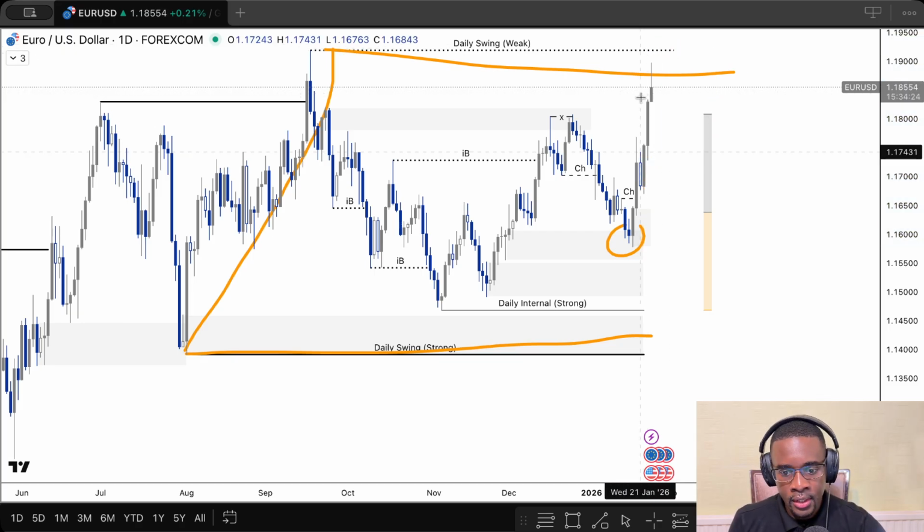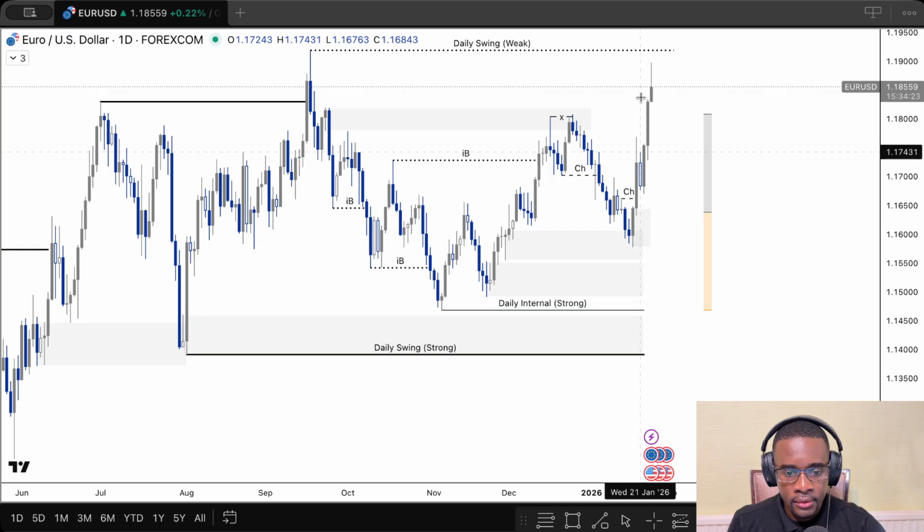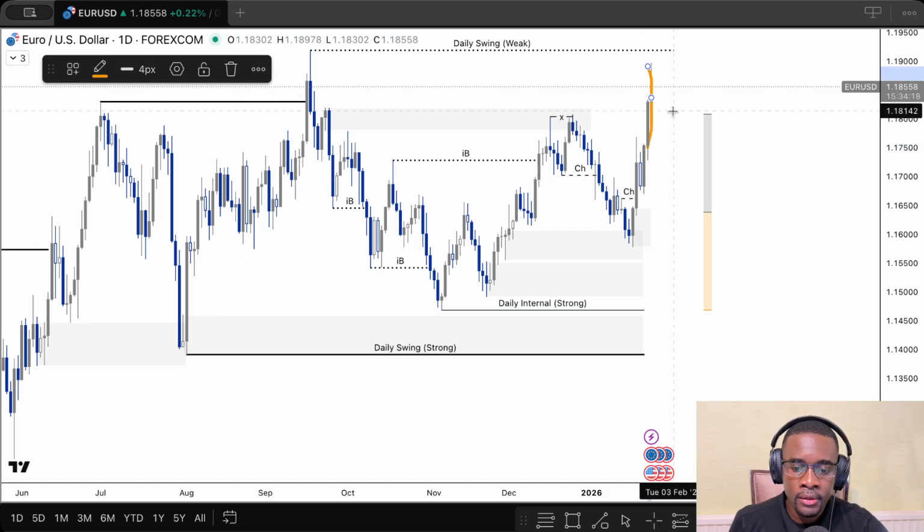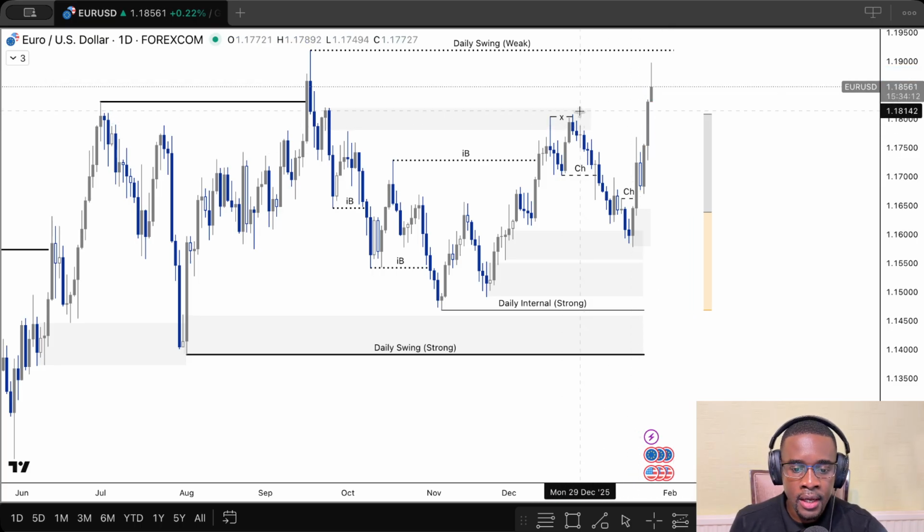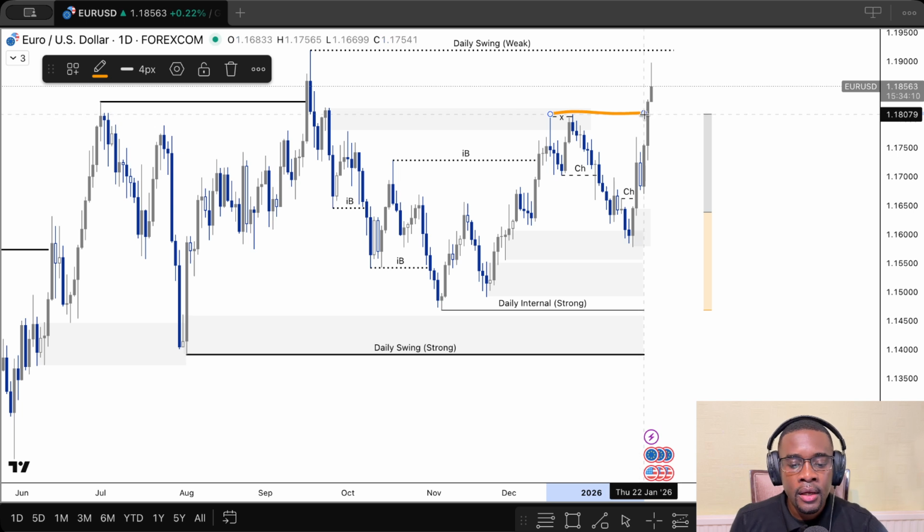And as we can see, Friday and early this morning, price has already made its highs. We've already broken this week's internal high, and now we are targeting this week's swing high on the daily.